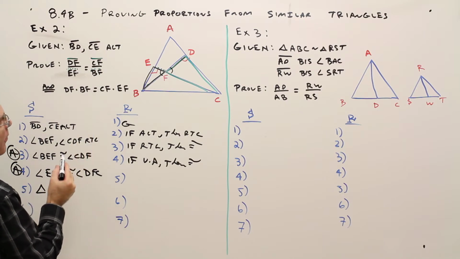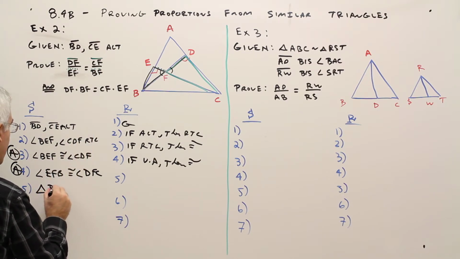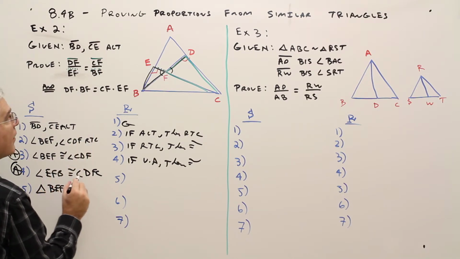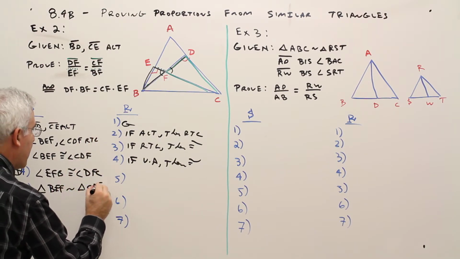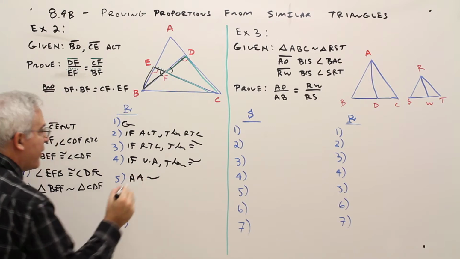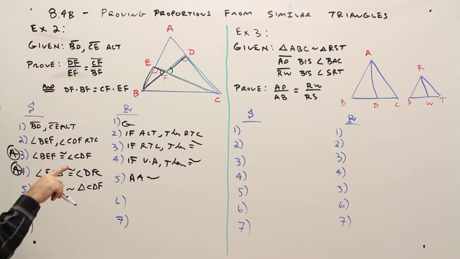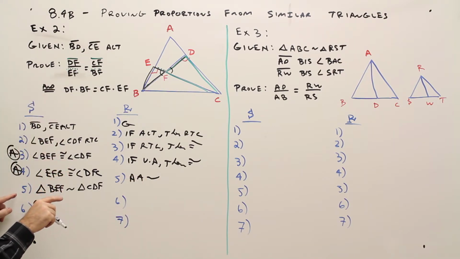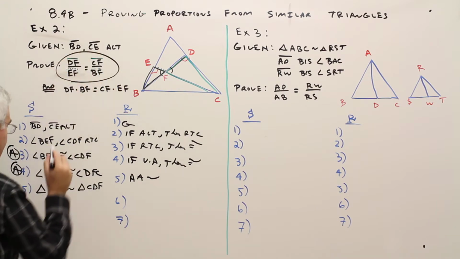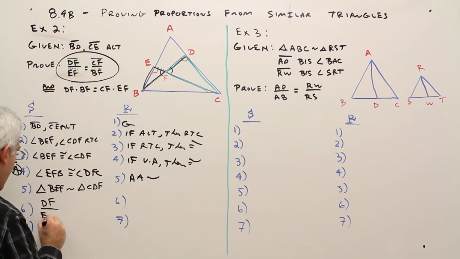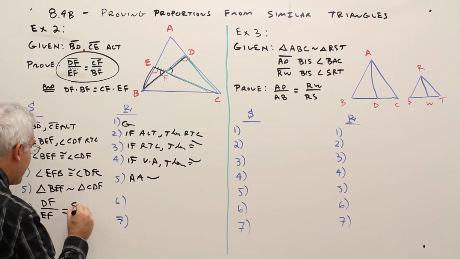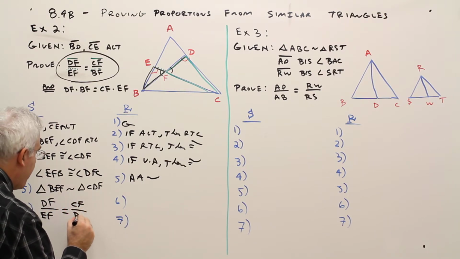Triangle BEF is similar to triangle CDF. Angle, angle, similarity. Once I've got that, then I can get this proportion right here. DF over EF equals CF over BF.